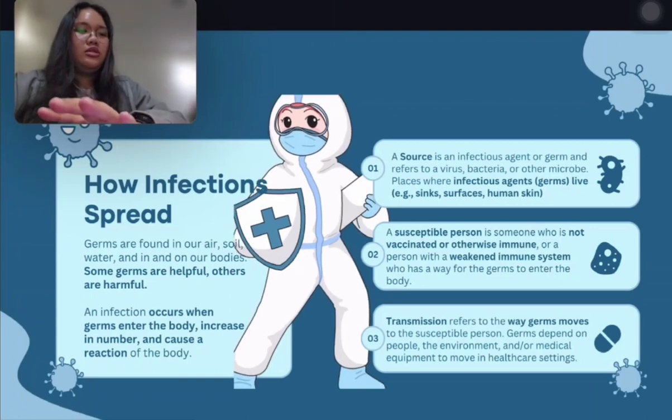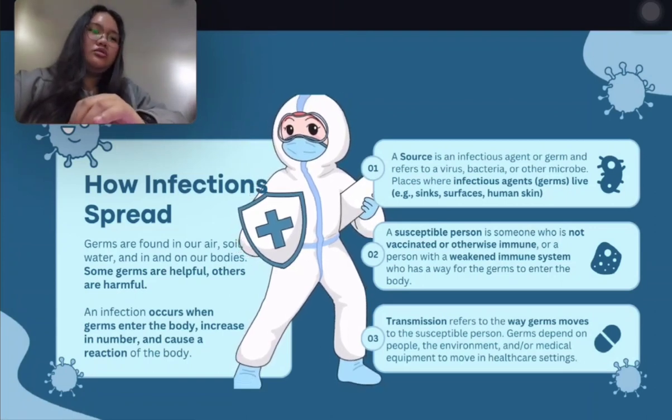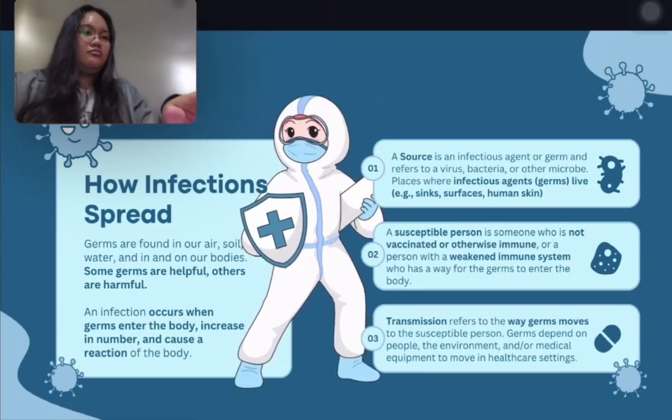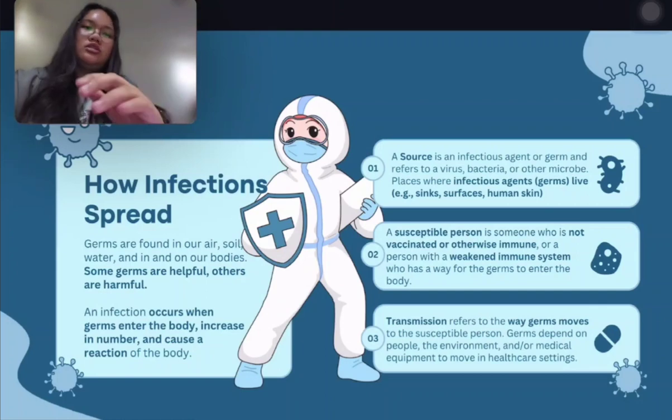Next is how are infections spread? There are three ways. So through the source, which is an infectious agent or germ that refers to the virus or bacteria or other microbe. Sources are where these germs live, such as sinks, surfaces, or even skin.